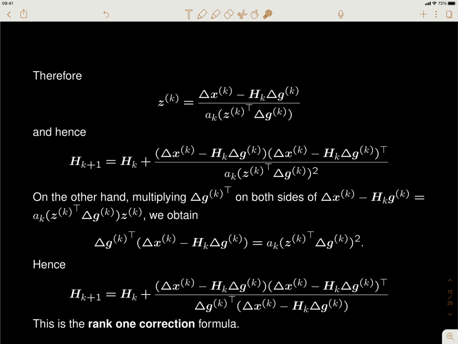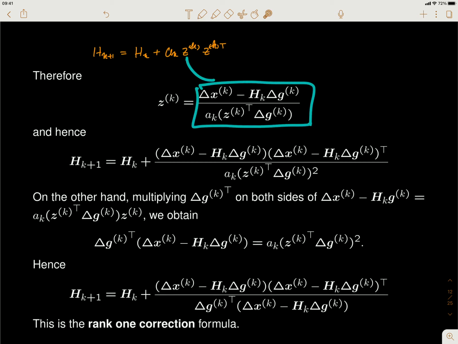Well, if ZK is this, then I need to remember that I actually added this AK ZK transpose to this HK to obtain the HK plus 1. Okay, and if ZK is this, I will just need to put them inside, and I will simplify this into this formula.